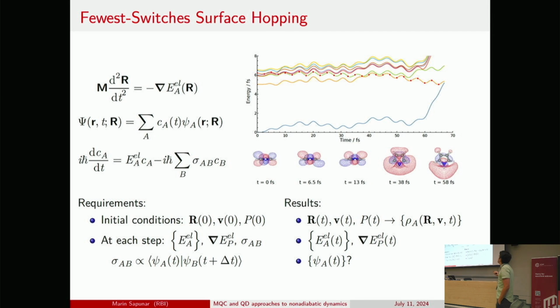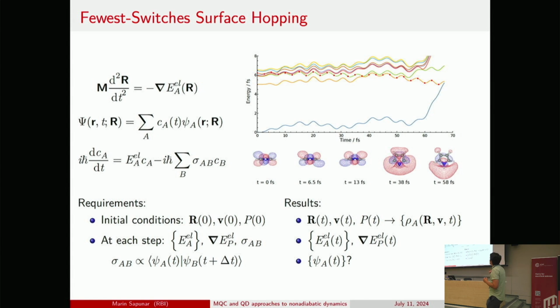So let me just very quickly say what we are doing. We are evolving Newton's equations on a single potential energy surface. So we have the nuclei positions and we have electronic states, and we are evolving the nuclei on the potential energy surface of those states.